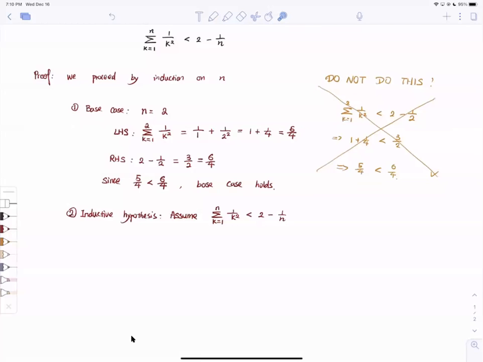One thing I want to mention is that because you have k here already, a lot of you like to use "for some k in natural number", but since you use k here already, you cannot use k anymore. You need to pick another variable, or you can just write for some n in natural number, and when you do the induction step, you just prove for n plus 1. So that's what I'm going to do. For some n in natural number. Okay, am I done with the inductive hypothesis?